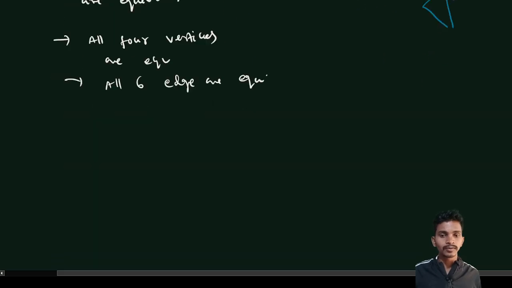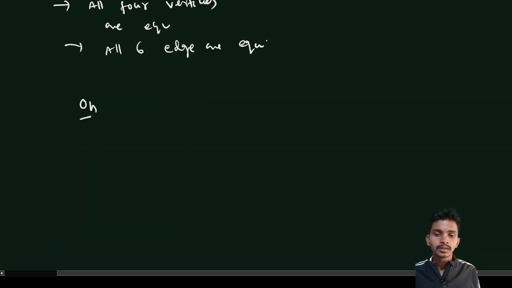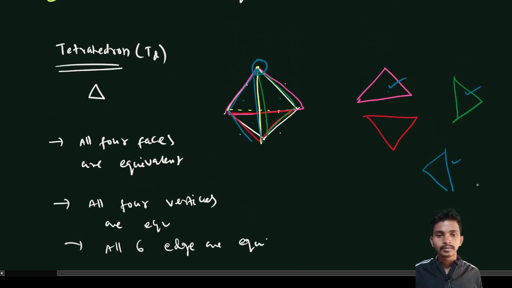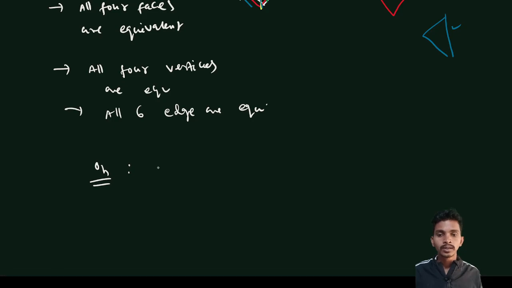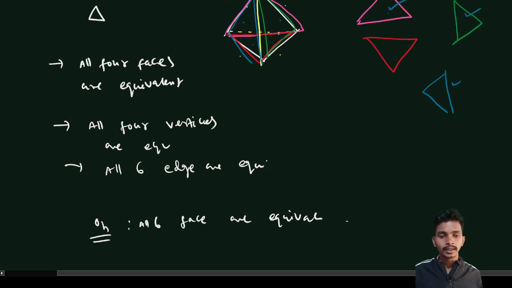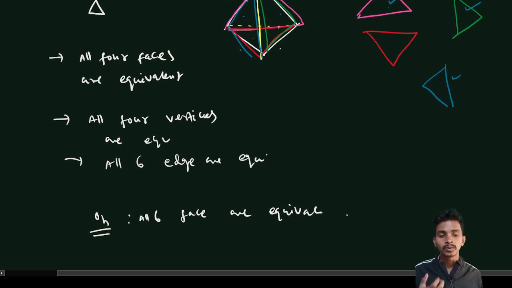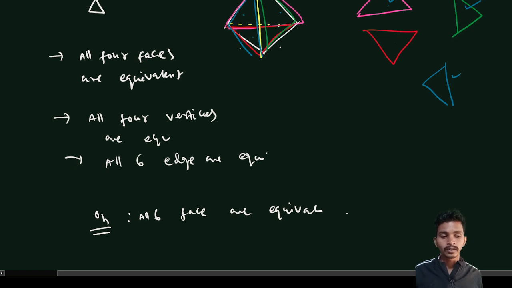Similarly, if you talk about the octahedron, we have six faces, and all six faces are equivalent. Like that there are vertices and edges, so these are groups with a lot of symmetry operations.